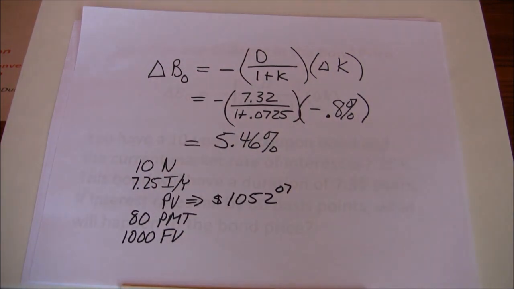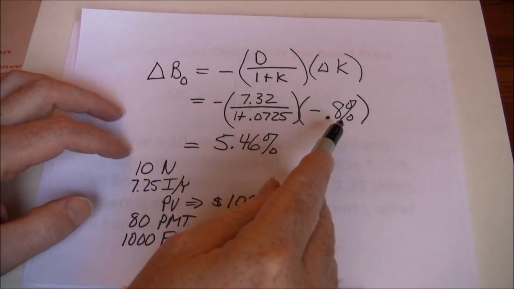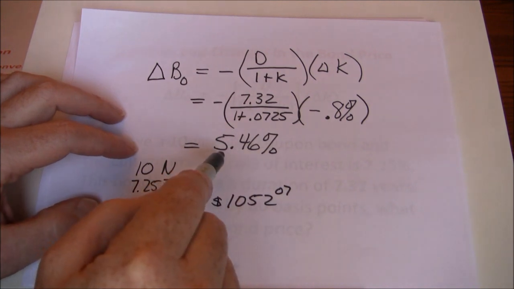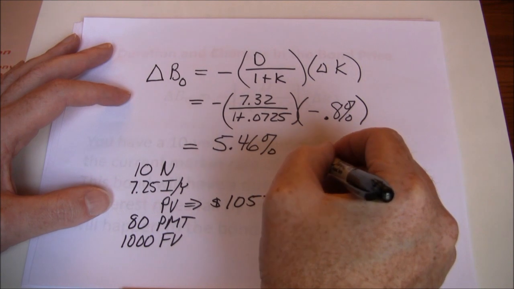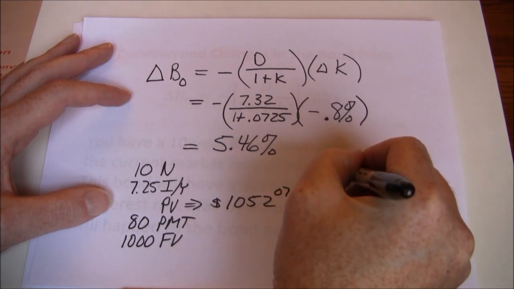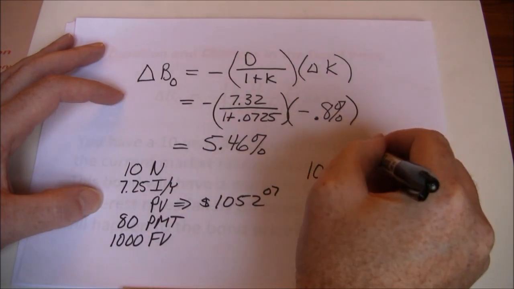That gave us a starting price of $1,052.07. So we said, given this change in interest rates, the bond price should increase by 5.46%. So that's just our starting point.